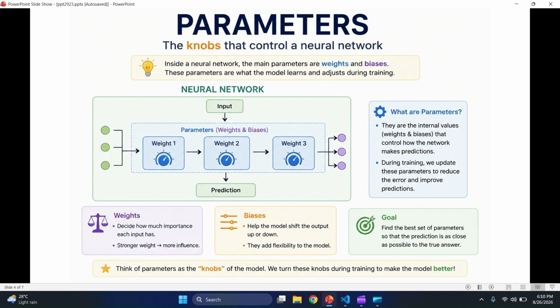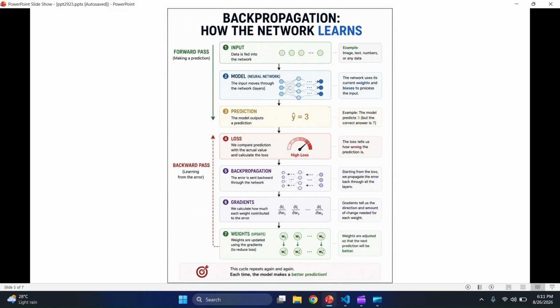During training we adjust these values, and if we turn them the right way, the prediction becomes much better and the loss can become smaller. But now we have another question: how do we know which parameters should change? That's where gradients become important. Okay, let's move on to the next slide.